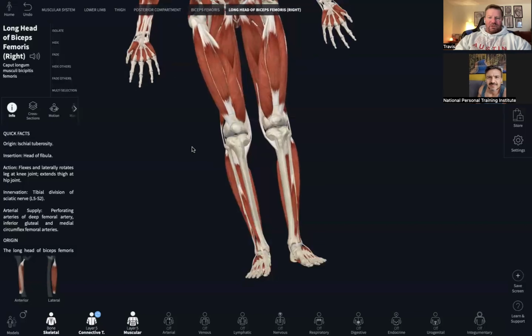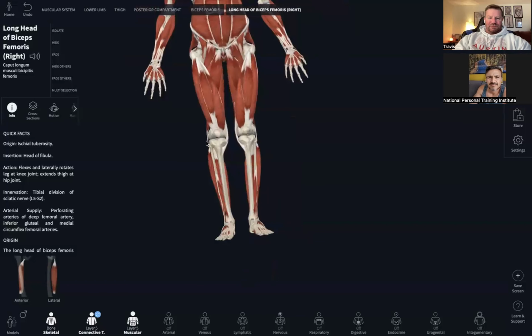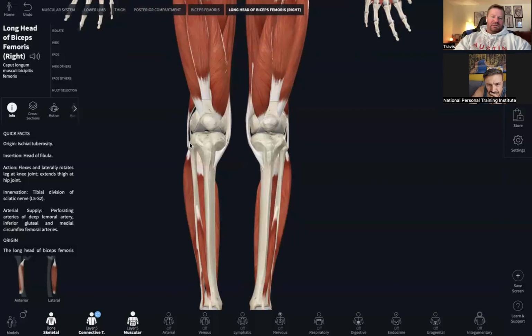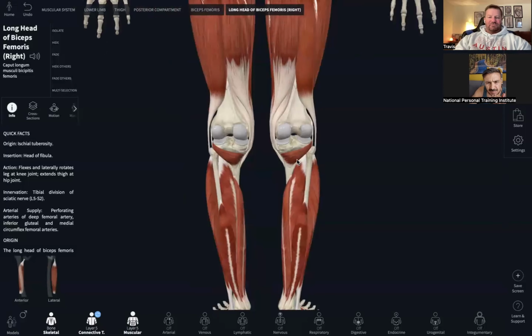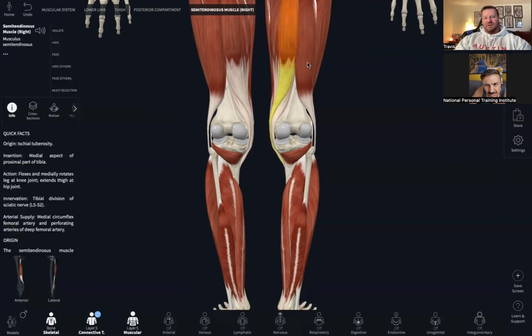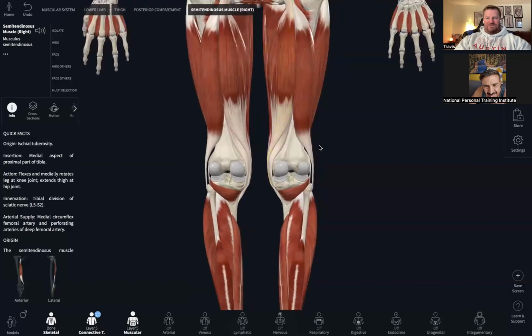And that's where we look at the origin and the insertions, right? Right here we can see that the fibula is where this is going to insert. And on the tibia is where these fellas right here, your semitendinosus and your semimembranosus, insert. So we have to think of the line of pull and concentrating.